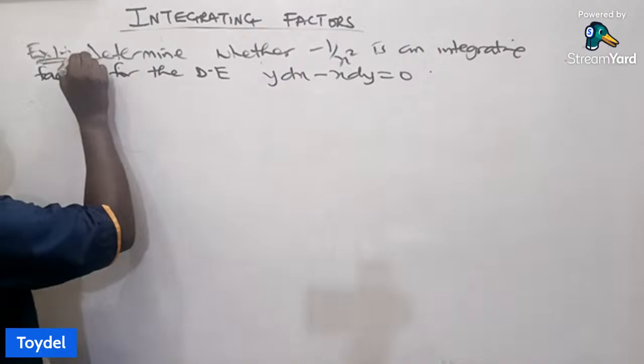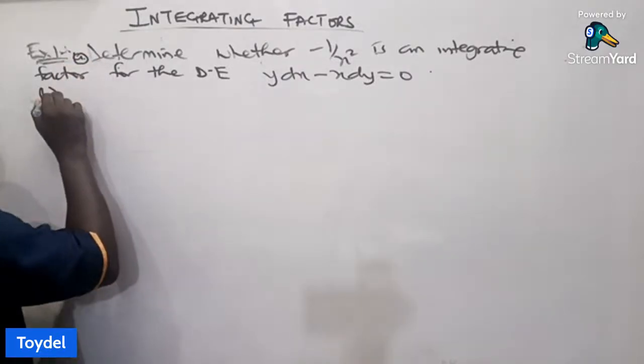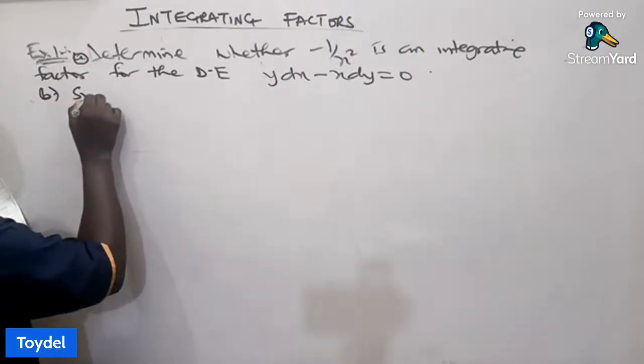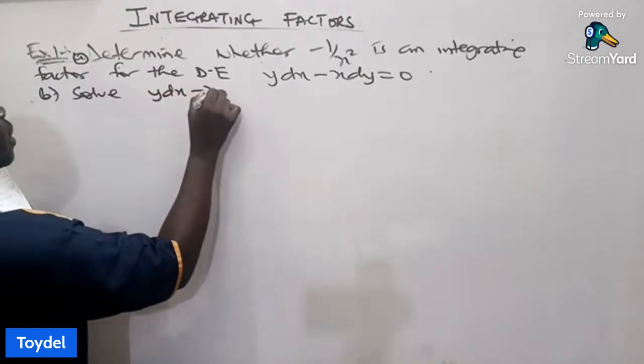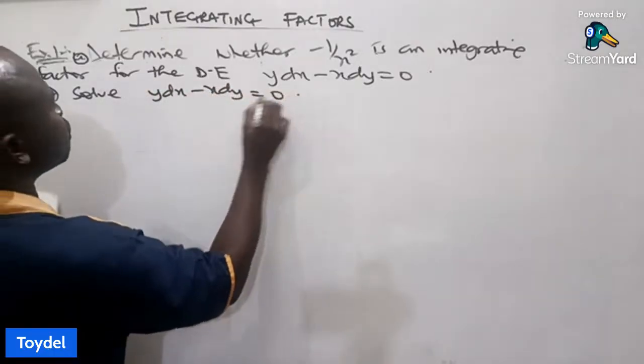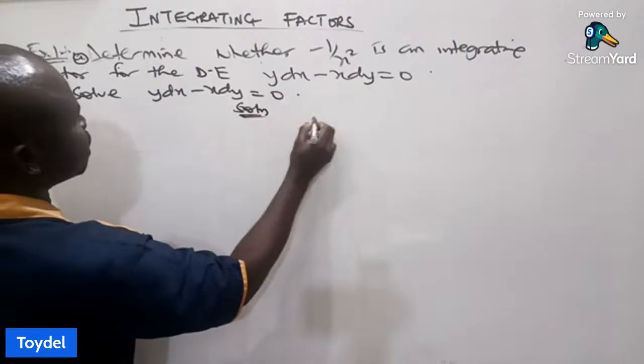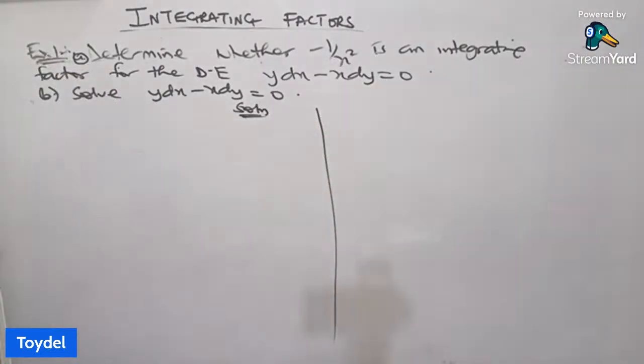This is part A of the question. Then the second part, we have to solve y dx minus x dy equals 0. So we have to solve the differential equation. This is what we are given, and this is what we are required to find.